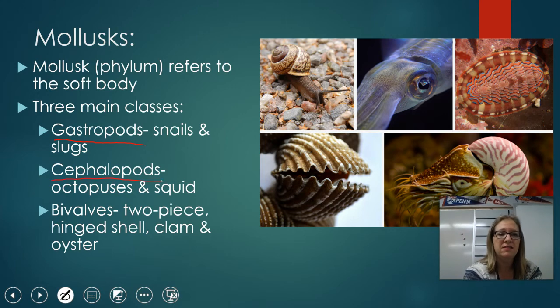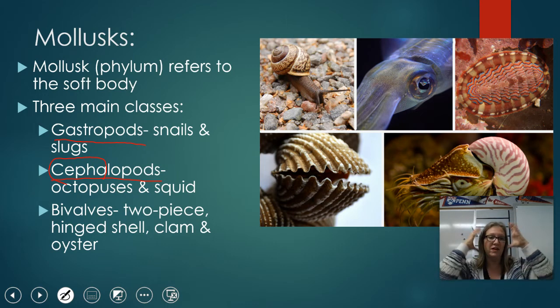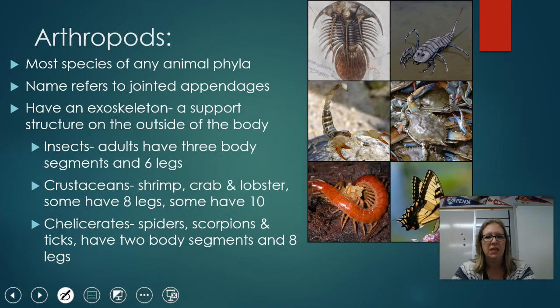Okay, there's that cepha root again, and that's our octopuses and squid. Still very soft, but a very obvious head and quite a bit of a nervous system now too. And then finally our bivalves, bi meaning two. And so these are our shelled, our hinged animals like clams and oysters. Those are all part of the phylum mollusk. Okay? Getting a little more complex.